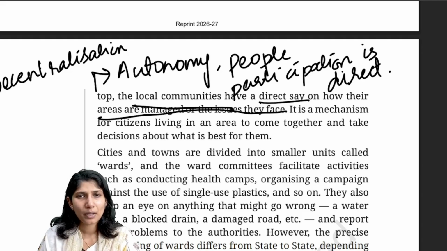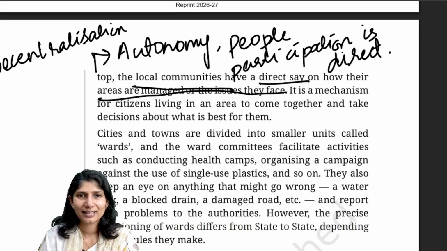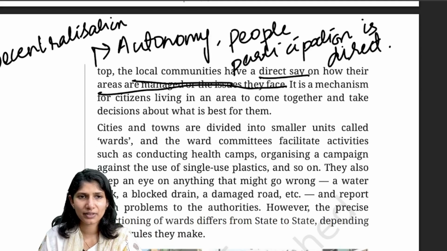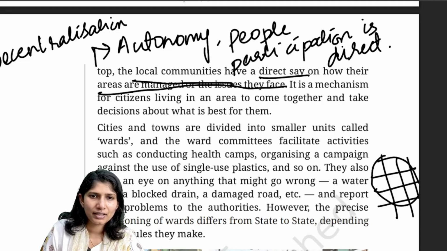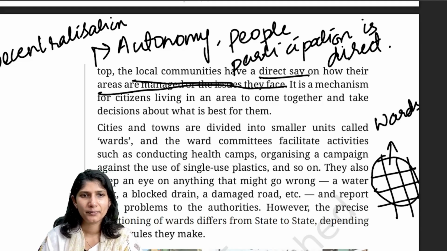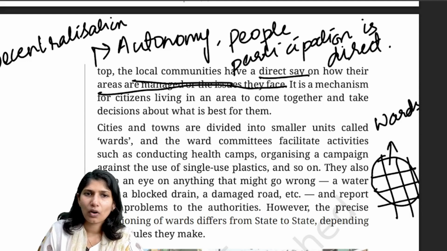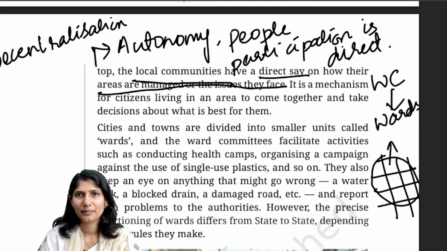Okay, now let's break down how exactly our urban areas are divided. Like I told you, the cities and towns are divided into imaginary lines called wards. In these wards, there will be something called a ward committee.